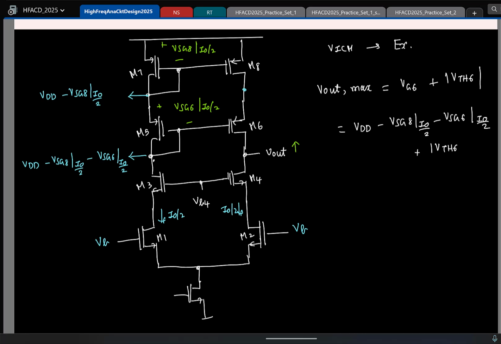The drain can at the max go one threshold above it. So once again you see this term. What is that? It's an overdrive voltage. So I will write it like this: VDD minus VSG of 8 at I0 by 2 minus overdrive of 6 at I0 by 2.